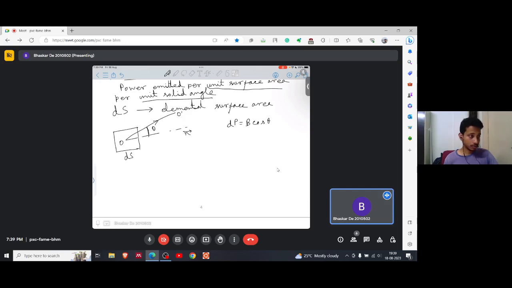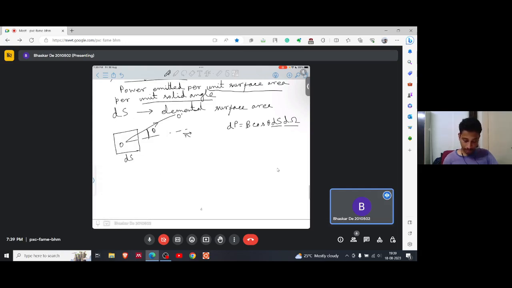So dp equals B cos theta ds d omega. Here ds is the elemental surface area, d omega is the solid angle made around direction O dash, and theta is the angle between the perpendicular and the direction.